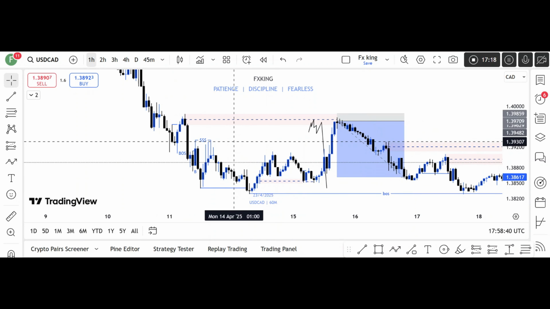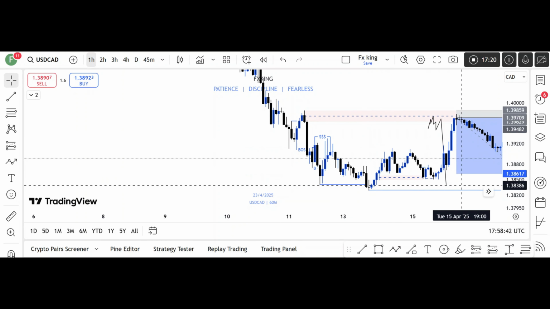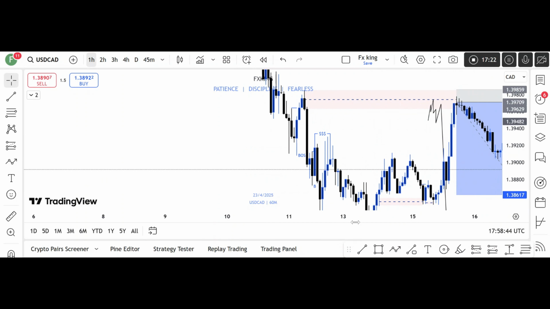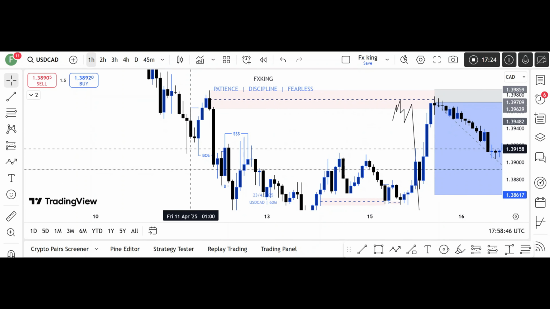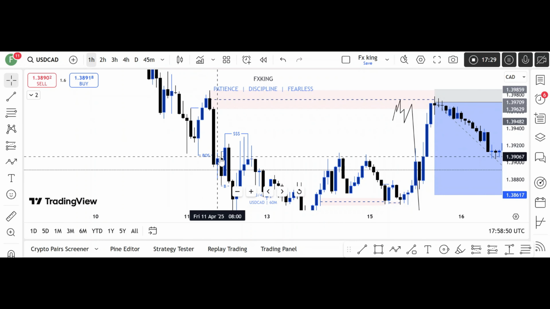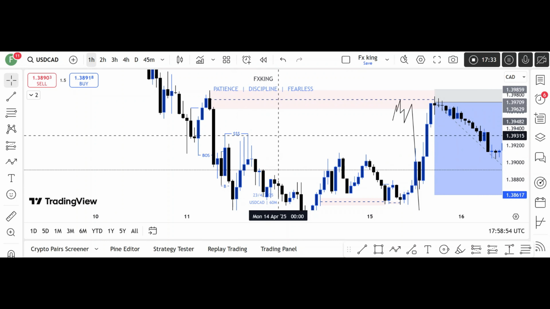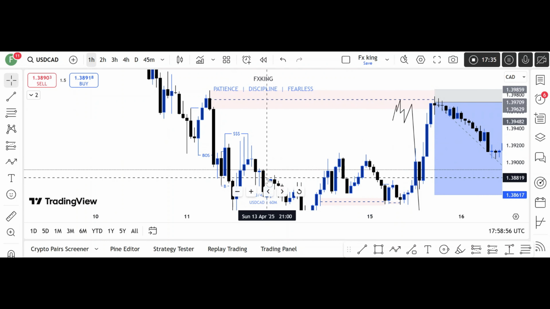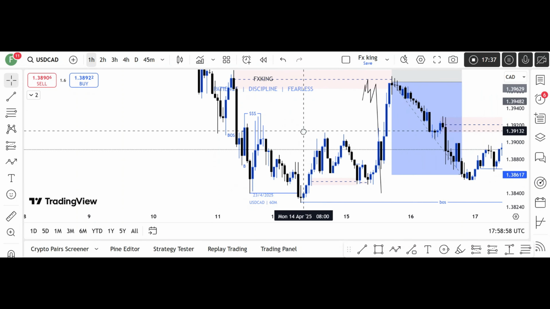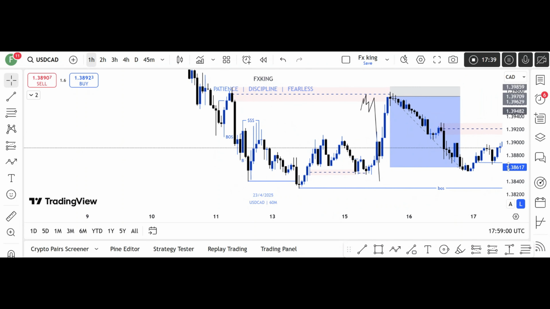Let me show you. There's nothing complicated in this. We have break of structure here after inducement is taken out, right? We have a point of interest. Then we have liquidity, and the market taps into our point of interest, and we are good to go, right?